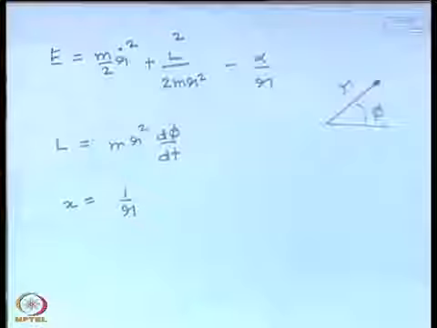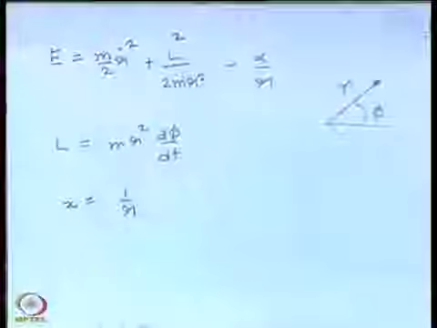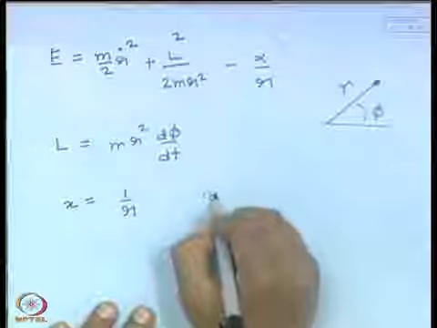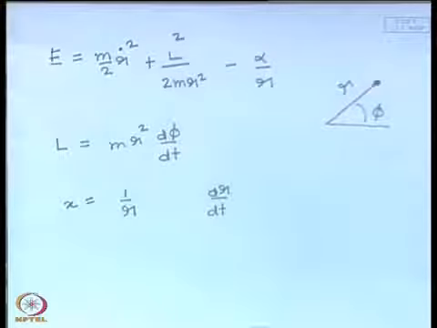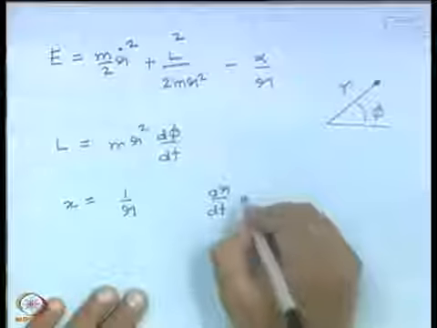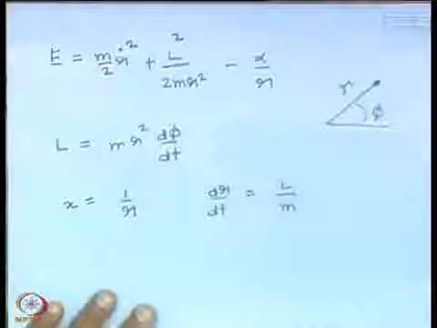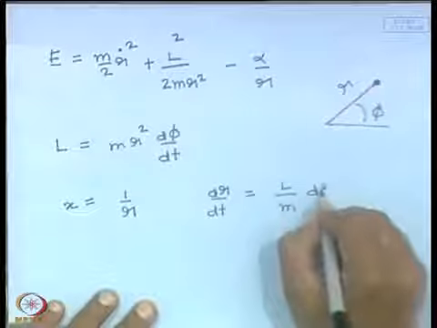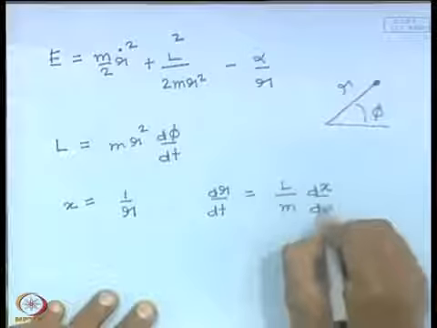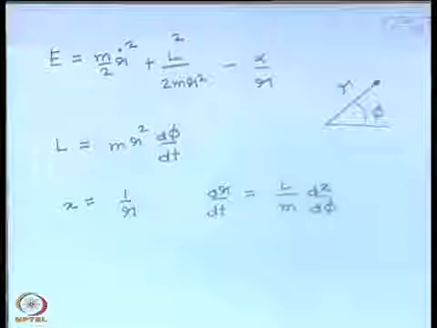Using x, the time derivative of r can be written as L by m into the phi derivative of x. We did this algebra in the last class. This is straightforward algebra, nothing much to it.